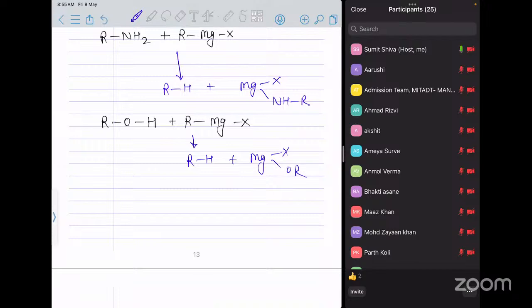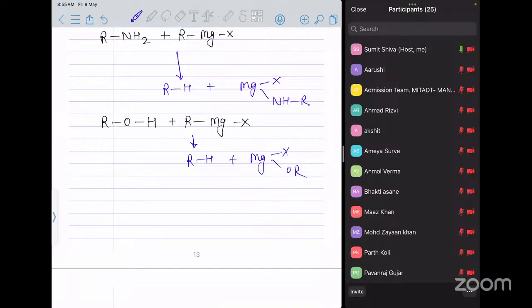And another important point in RMgX, the Grignard reagent, is that the alkyl group R may be of any form. It may be a straight carbon chain, it may be a branched carbon chain, it may be a carbon chain with a large number of carbon atoms, or with the lowest possible number of carbon atoms.